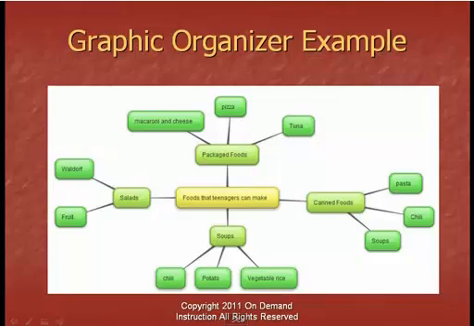Here's how a graphic organizer might look. Here in this cluster, in the yellow in the middle, we see the topic, foods that teenagers can make. Around that we see our subtopics, packaged foods, salads, soups, and canned foods.